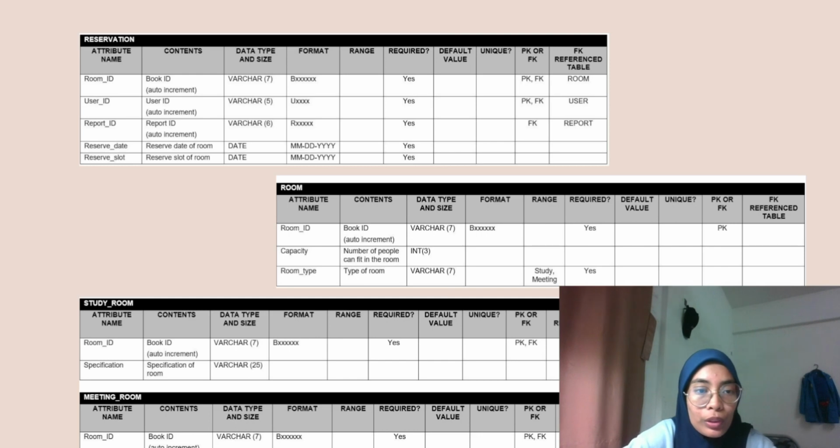If we want to reserve a room, it is either a study room or a meeting room. The difference between these is the specification and the standard of the room.